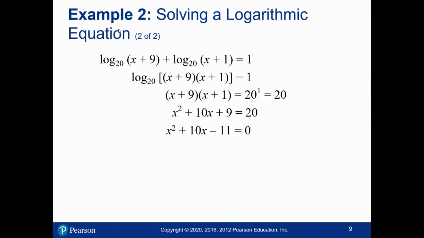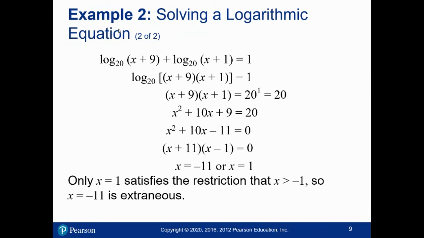And now I've got a nice quadratic, which I can solve with the quadratic formula, or we can factor. This one happens to factor, which means either x is -11 or x equals 1. But remember the original restrictions. x has to be bigger than -1. Therefore, -11 is not actually a solution.